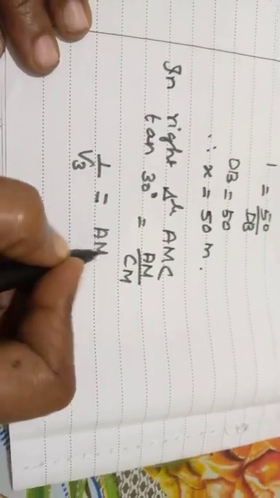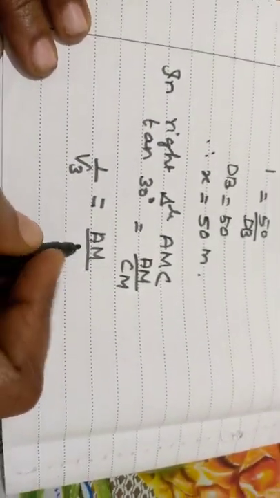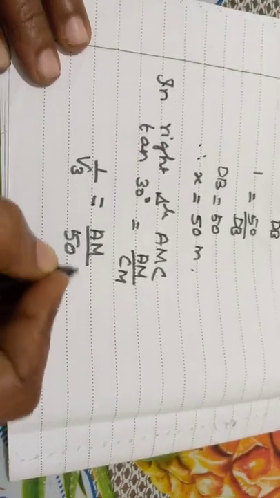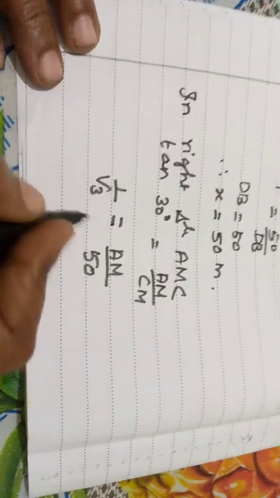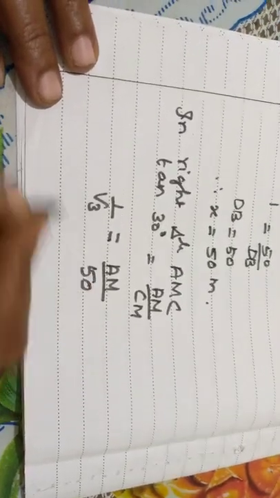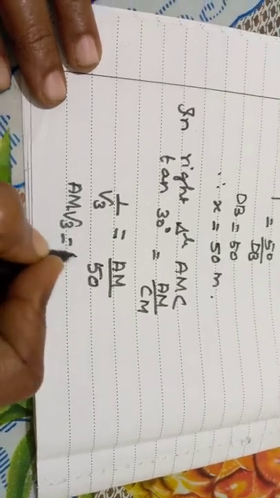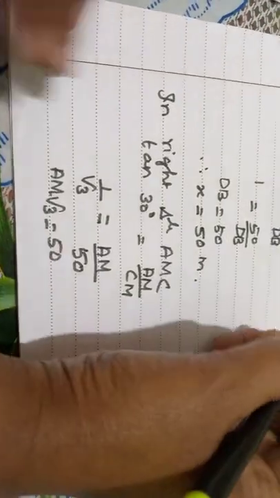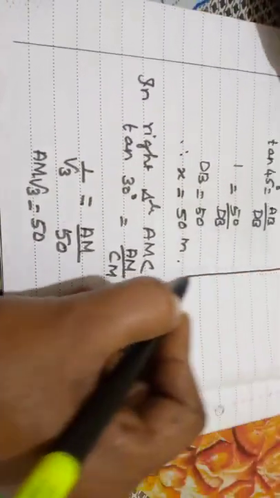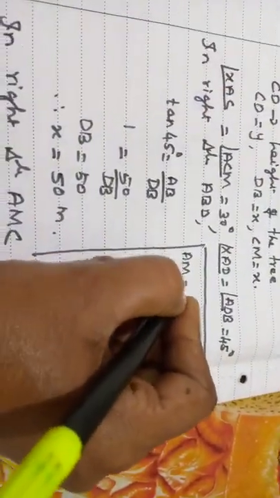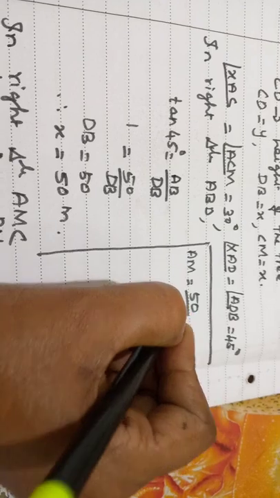AM only we are going to find out. CM is x, that is 50. Now cross multiply: AM into root 3 equal to 50. From here AM is equal to 50 by root 3.